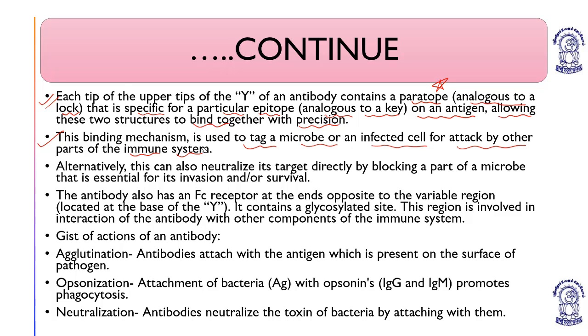So these antigens have the antigenic sites which are recognized by antigen binding sites present on the tip or the terminal portions of the Y of an antibody. Okay. The antigenic determinants of the antigen basically make a lock and key type of mechanism to fit in the antigen binding site of both light chains and heavy chains.